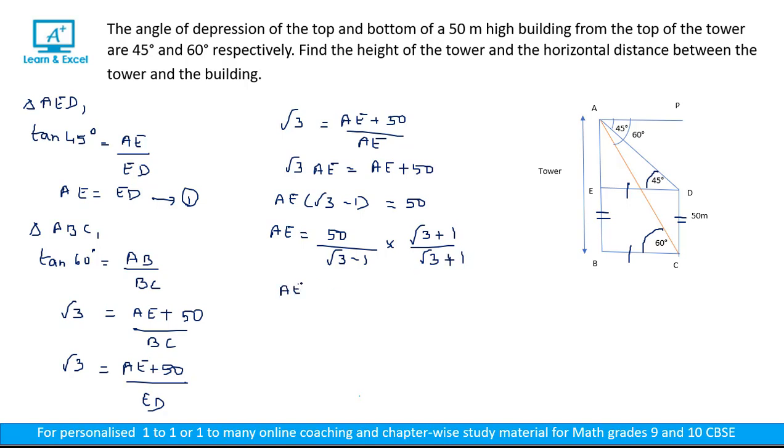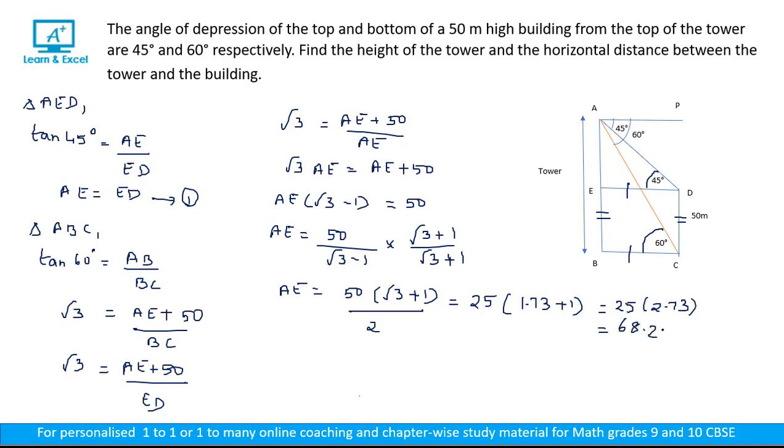So we get AE as equal to 50 into root 3 plus 1 upon root 3 the whole square minus 1 square. So the denominator is going to be 2. So this will become 25 into root 3, which is 1.73, plus 1. So we will get 25 into 2.73. Now multiplying this, we get the answer as 68.25 meters.